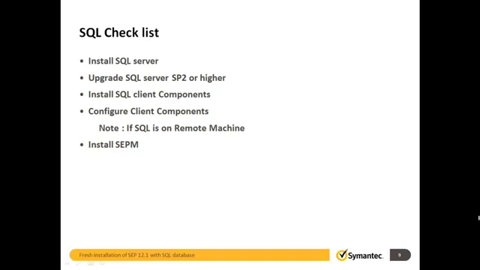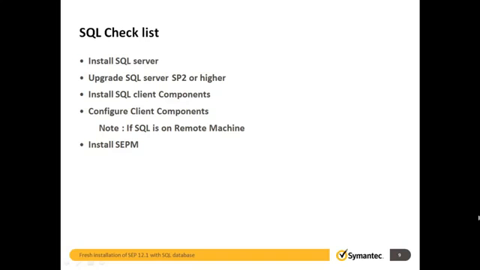Let's summarize it. SQL Server should be installed in the network. If SQL Server is not a supported version, we should have SQL Server upgraded to Service Pack 2 or higher. If SQL Server is on a remote machine, then we need the SQL native client to be installed on the computer where we are installing Symantec Endpoint Protection Manager. If SQL and SEPM are on the same machine, we don't need the native client.